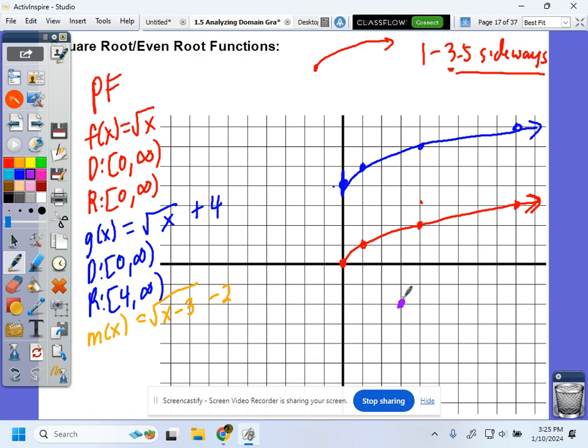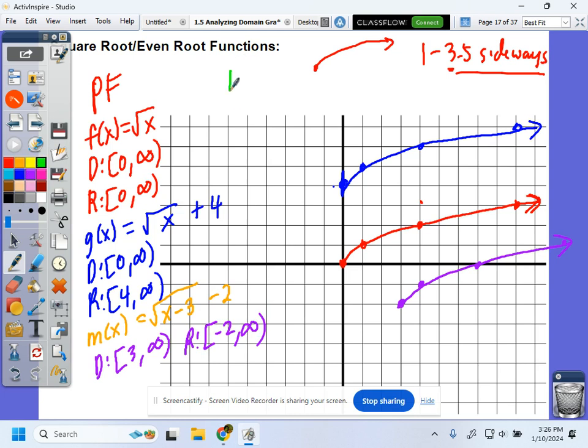And then you're going to do the 1, 3, 5 from there: 1 up over 1, up over 3, up over 5, somewhere here. Then you just connect them and you make your letter R. So again, the domain here starts now at 3 to infinity, and the range is from negative 2 to infinity.